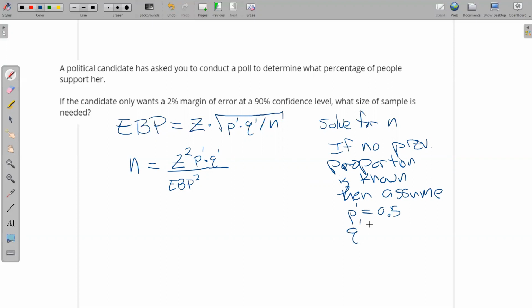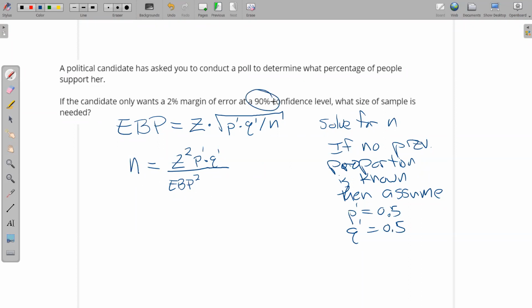Because that means q prime is also 50%. Then you run the sample and you see what it actually is, but this gives you a better estimate in the upper area of how many people to survey, regardless of what it's going to really come out to. So that's the safe way to go.